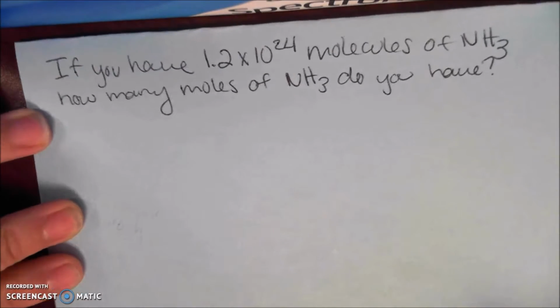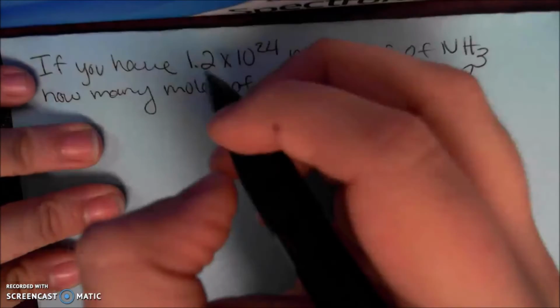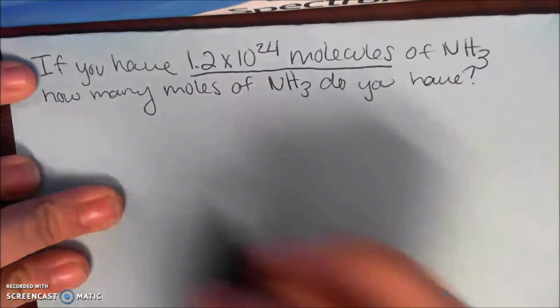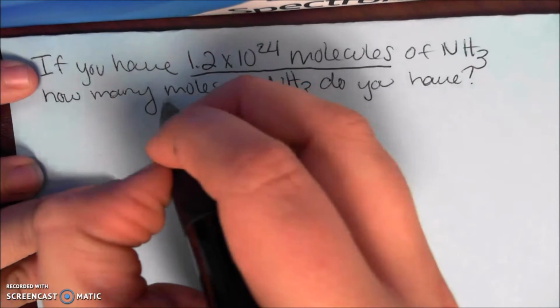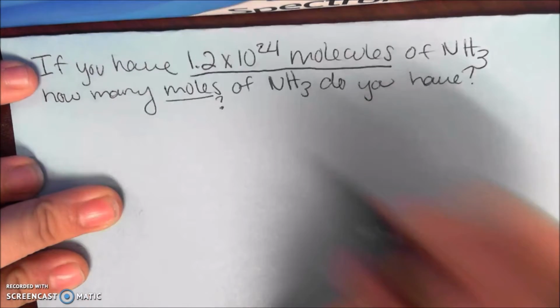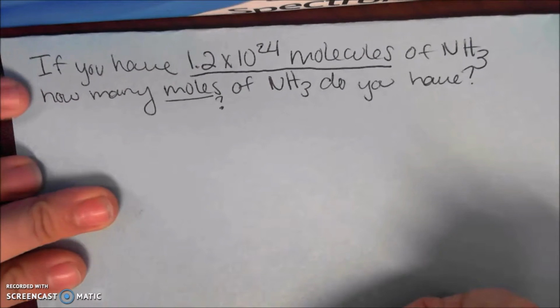So again, what is the given here? They're giving us 1.2 times 10 to the 24th molecules, and they're asking us to find moles. So we want moles. We put a little question mark next to moles because that's what we're looking for.